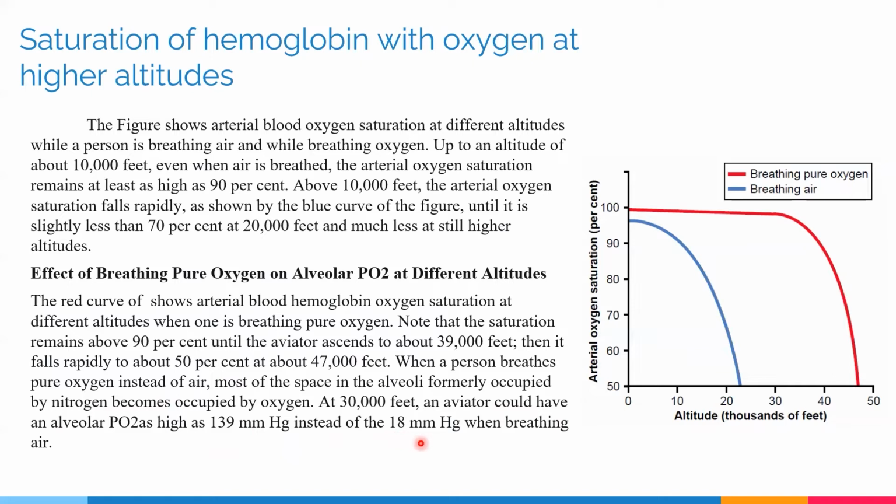And thus, when a person is breathing pure oxygen at higher altitudes, the chances of survival are way better. And thus, we know that mountain climbers always carry oxygen cylinders with them and do not depend on the air that is present on mountains. That is, they do not breathe normal air. And this is the reason why they do this.